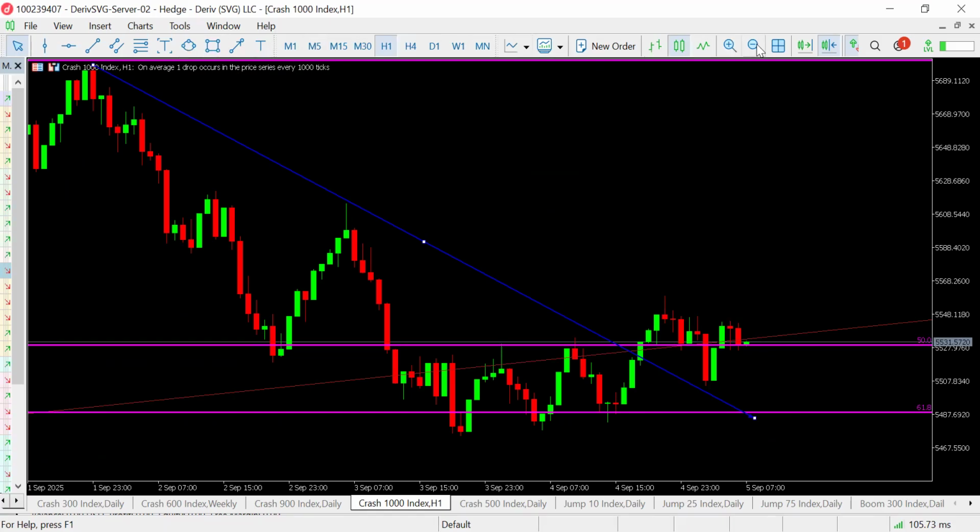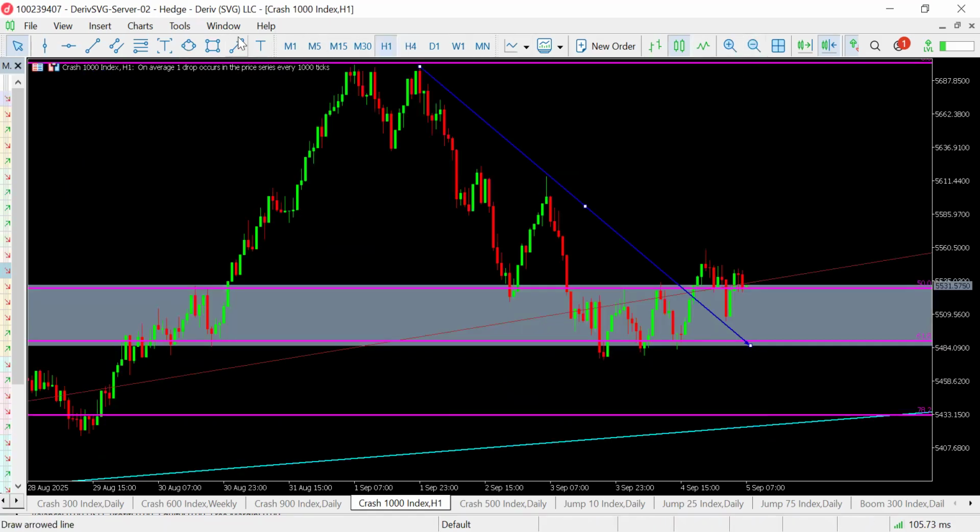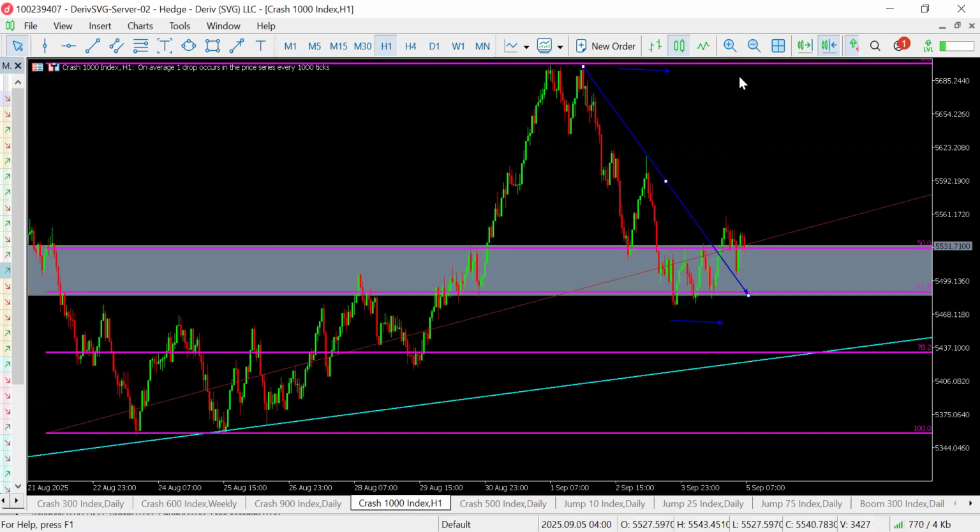And of course, this holds a very high risk to reward, where my stop loss is here, and this is where I have my take profit. So you can see the distance between our entry and our take profit and our stop loss. So this is what I hope would be a very, very profitable trade. If you're opportune to see this, you can jump in. Let's make some money together.